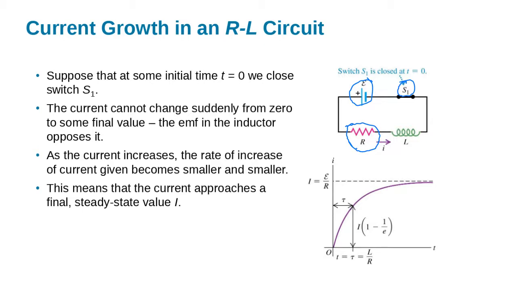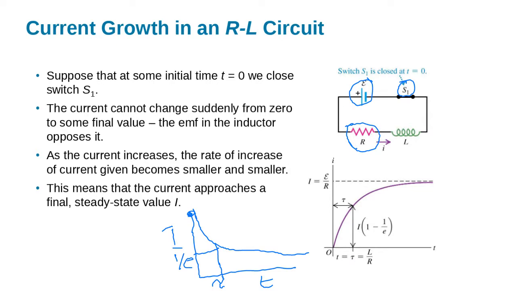So exponential decay looks like this. This is time, this is intensity, and after one time period, usually referred to as tau, the initial intensity drops by a factor of e, so it's going to be 1 over e of the initial value.